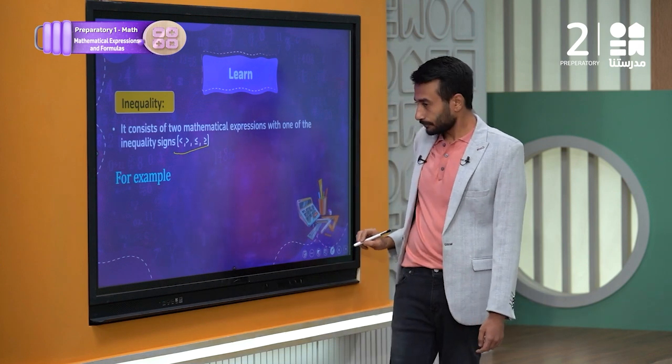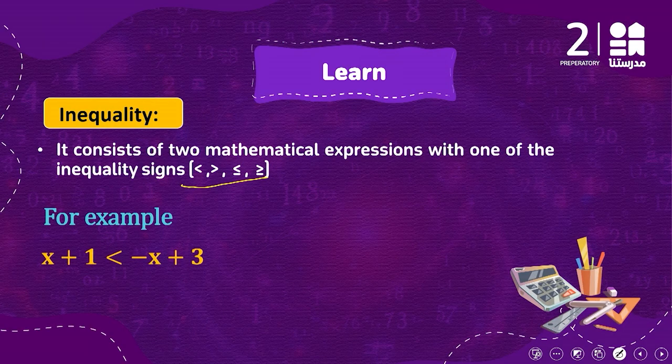For example, x plus 1 less than negative x plus 3. We have here an expression, and here another expression. We combine these two expressions with this sign, so totally this is called an inequality.